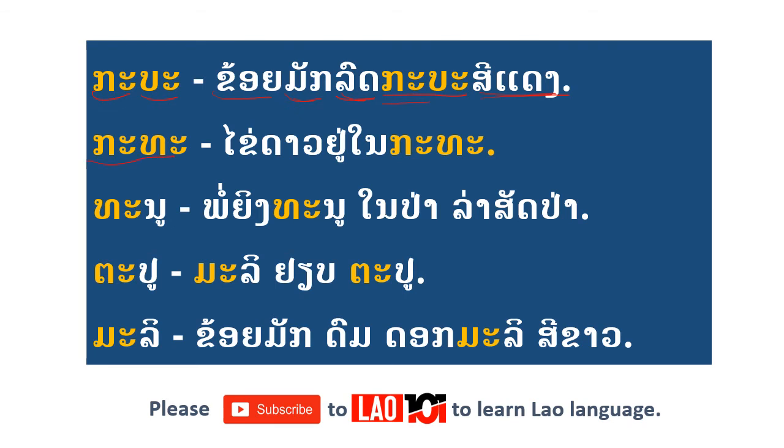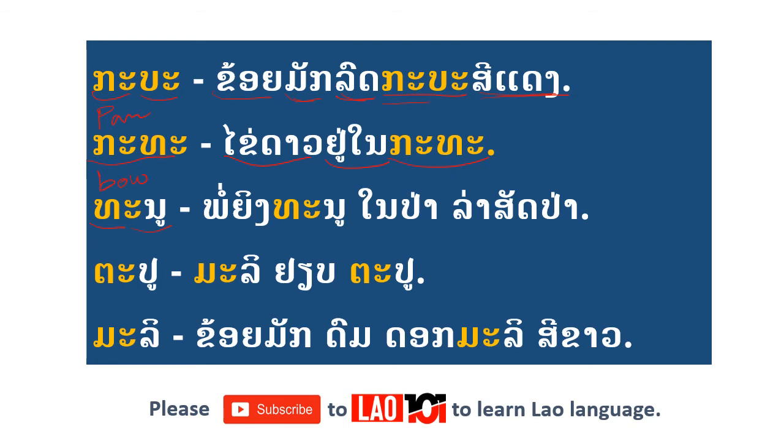Ka tha, a pan. Ka tha ไข่ดาว, fried egg, อยู่ใน inside กระทะ. ไข่ดาวอยู่ในกระทะ. ถะหนู means a bow, the archer and bow.